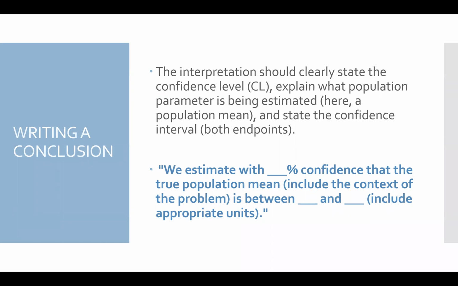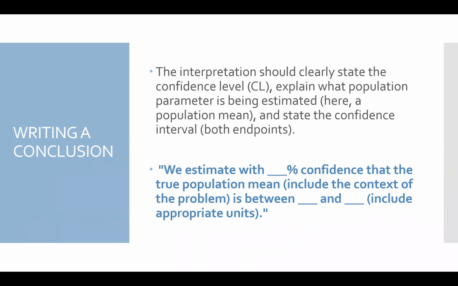The statement that you will see me write and use is what I have in blue here. We estimate with blank % confidence. Remember, that confidence level is going to be given in the problem. We estimate with blank % confidence that the true population mean, and then you've got to say mean of what?